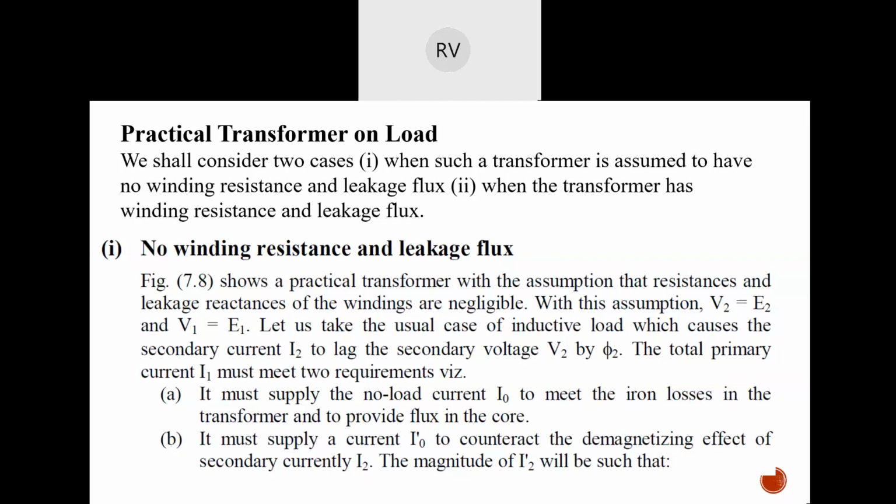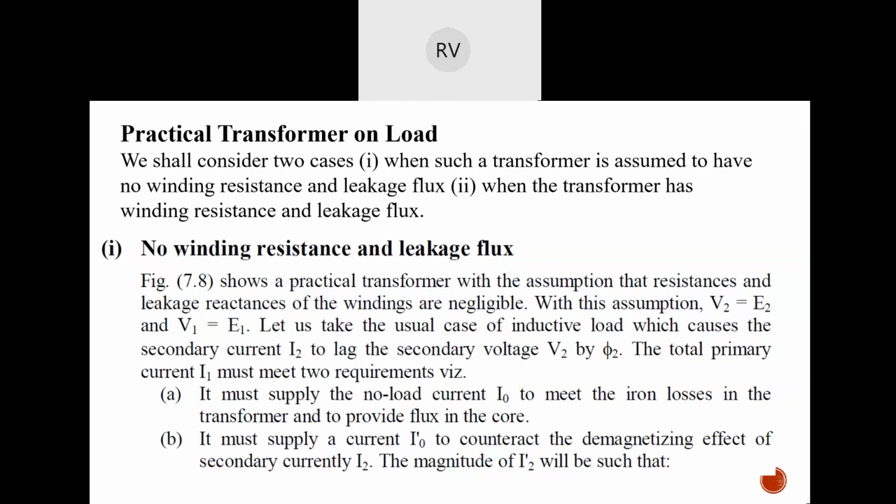The total primary current must meet two requirements. What are the requirements for the primary current? It must supply the no load current to meet the iron losses in the transformer and to provide the flux in the core, the main flux which is phi.